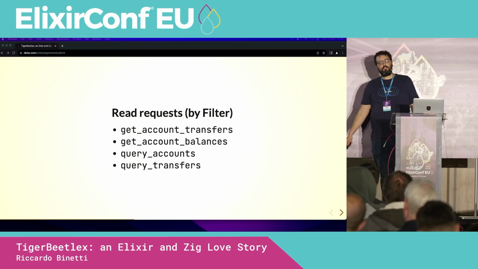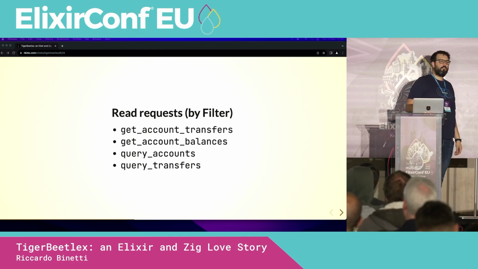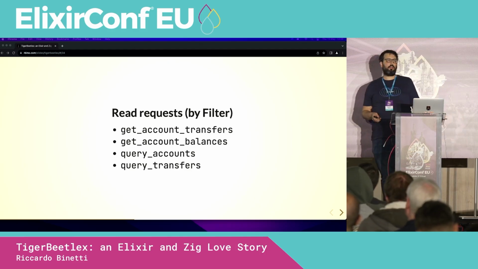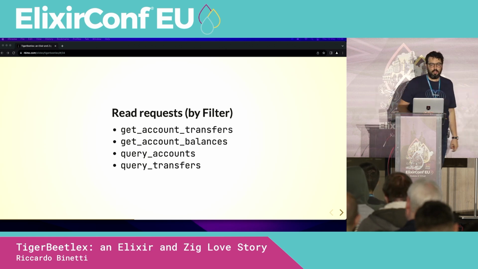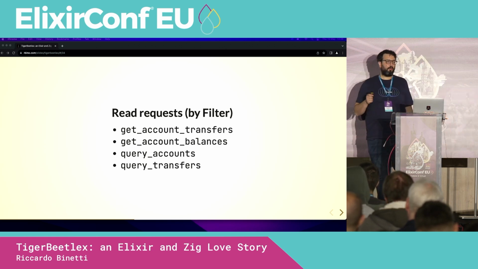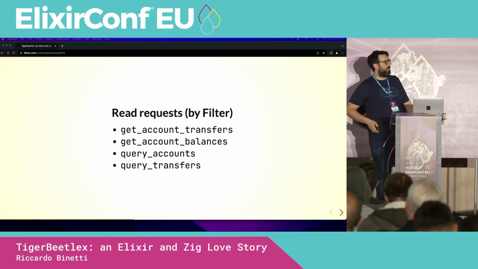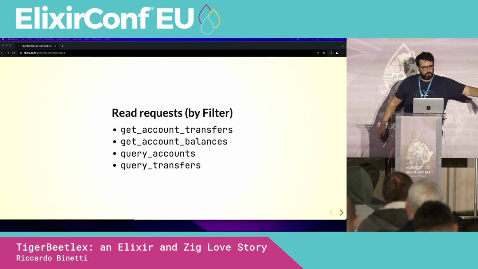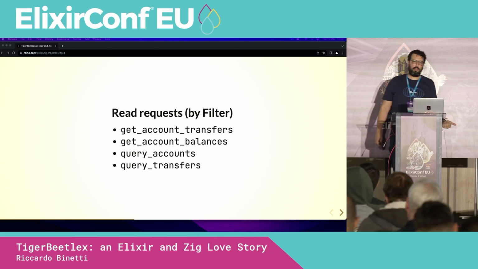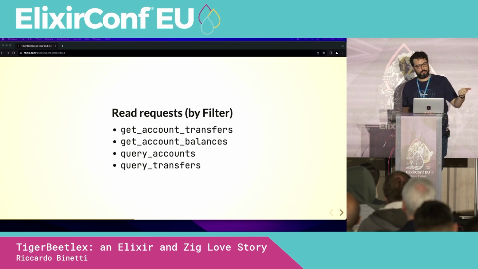And there are also some read requests that use a filter, so they use secondary indexes. This is actually, for now, an experimental API, but they're already exposed to the clients. The first two basically allow you to get all the transfers regarding a specific account.